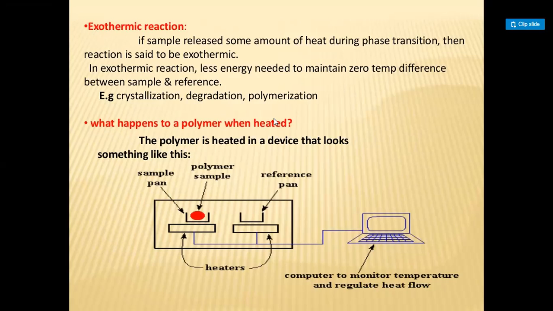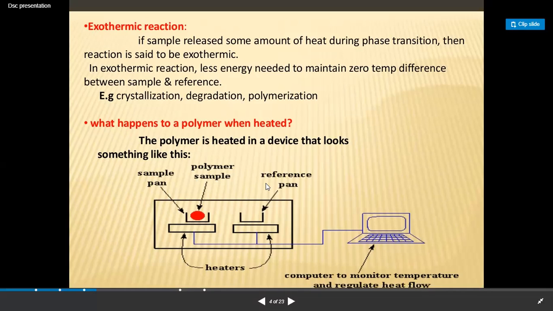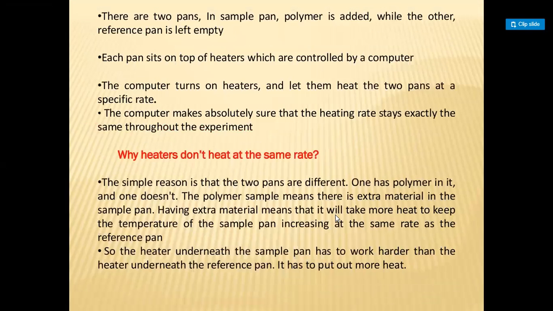What happens to a polymer when heated? The polymer is heated in a device that looks like the one here in the diagram. Here you can see the two pans, the sample pan and the reference pan. The polymer is present in the sample pan, whereas the reference pan is empty, and this system is connected with the monitor which regulates the heat flow.